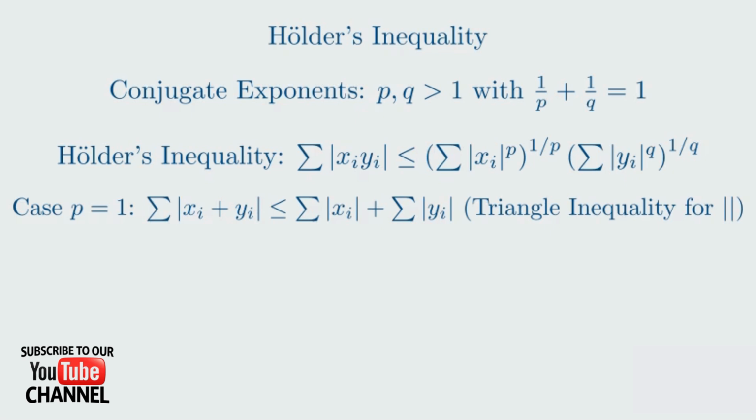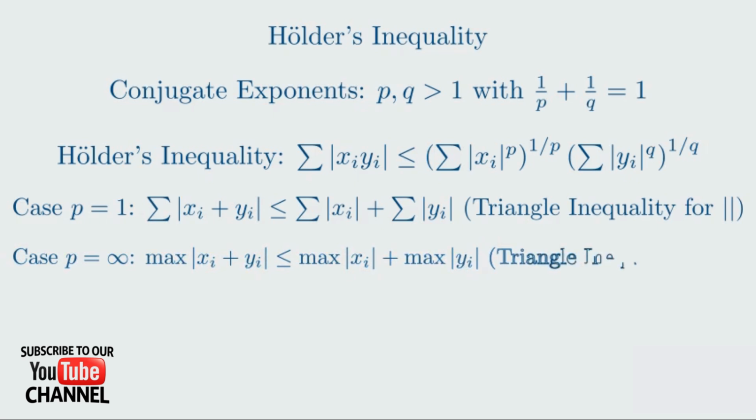For p equals infinity, which is the maximum absolute value among the components, the inequality also holds because the maximum of a sum is always less than or equal to the sum of the maximums. So, the infinity norm of x plus y is less than or equal to the infinity norm of x plus the infinity norm of y. Now that we have our main tool and have covered these special cases, we are ready to tackle the proof for the general case where p is greater than 1.